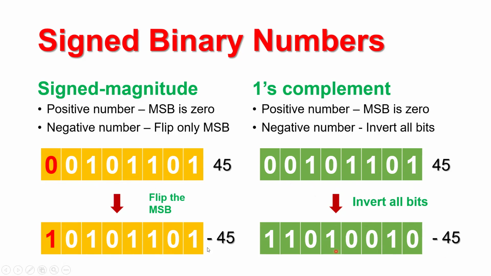So this is a comparative slide to understand signed magnitude and one's complement. Both are ways to represent signed binary integers, and the range in which numbers can be represented in signed binary we have seen in the previous module.